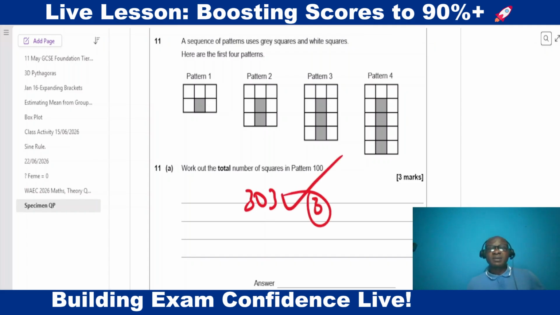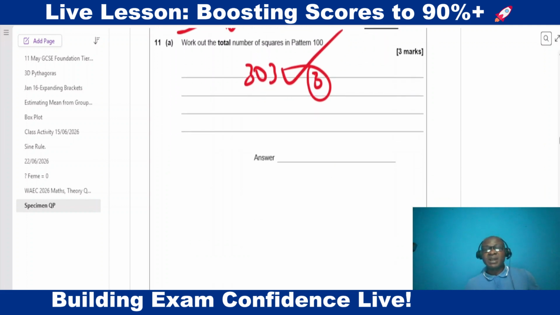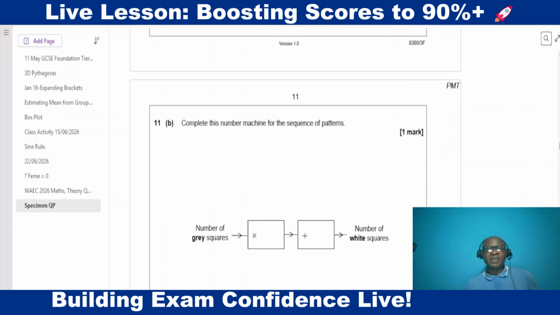But do you have an explanation of how you got the 303? Because I worked out the nth term as 3n plus 3, and 100 times 3 plus 3 is 303. That is correct. So that is the nth term. Then the next one is number 11.